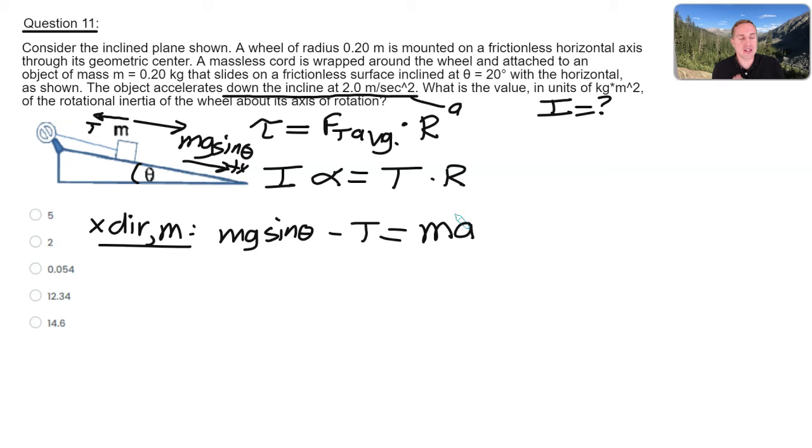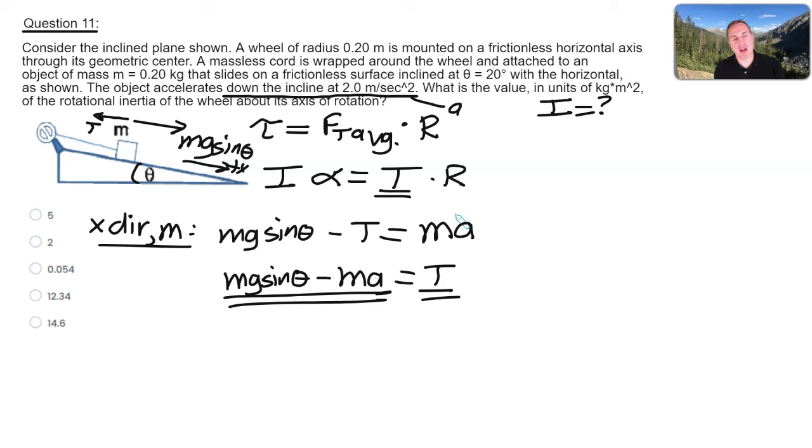So we can solve this for the tension force by saying mg sine theta minus ma equals the tension force. So that can get substituted into this expression right here for this T, this tension.